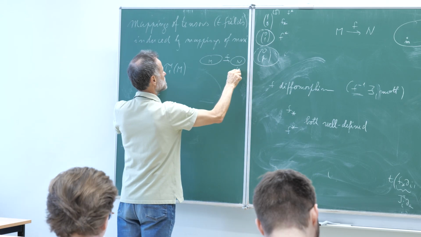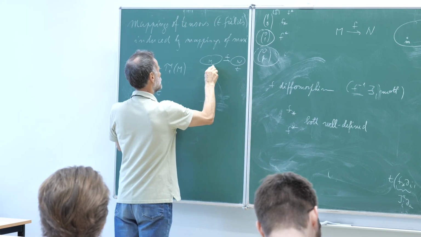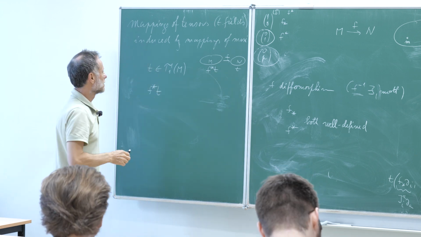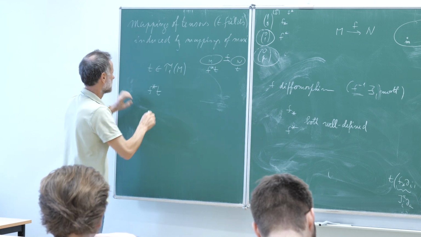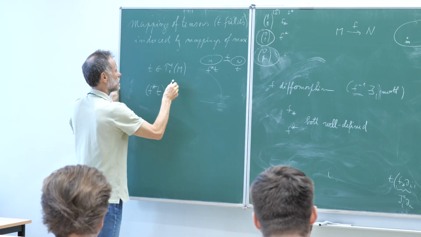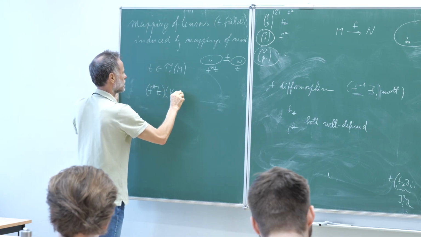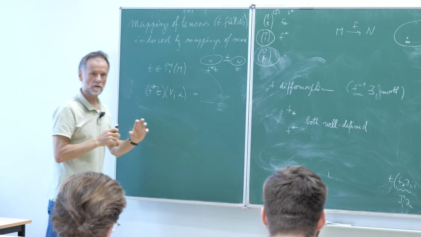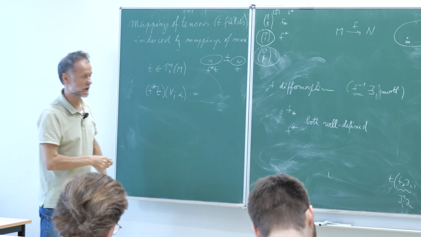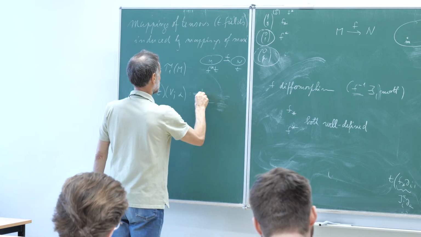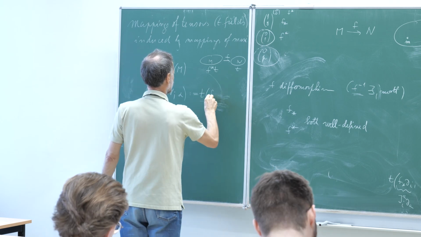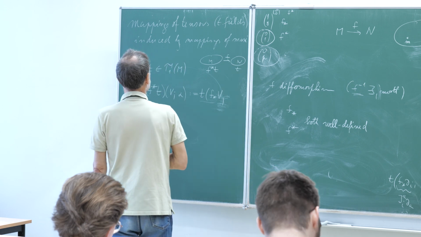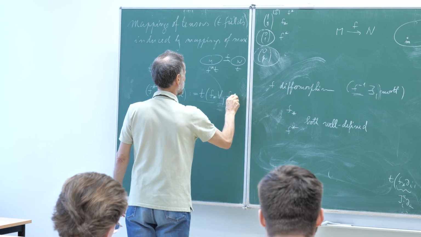So T is sitting here, and the pullback by definition goes back, it is sitting here. Because it is a 1-1 tensor, we should compute it on a vector field and a covector field. We can now use the definition of pullback in terms of push forward, that it is T on pullback V and pullback alpha.